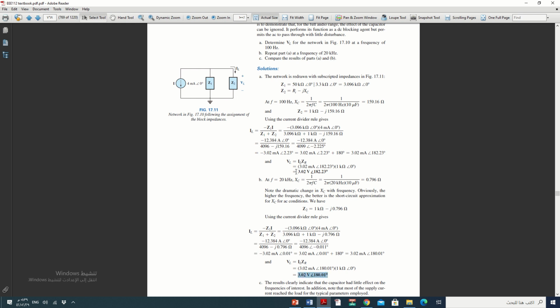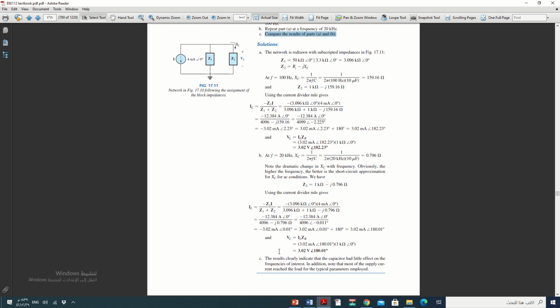You can see the answer is almost the same, because this question 3 compares the results of parts A and B. You will see the result clearly indicates that the capacitor had little effect at the frequencies of interest. In addition, note that most of the supply current reaches the load for the typical parameters employed.